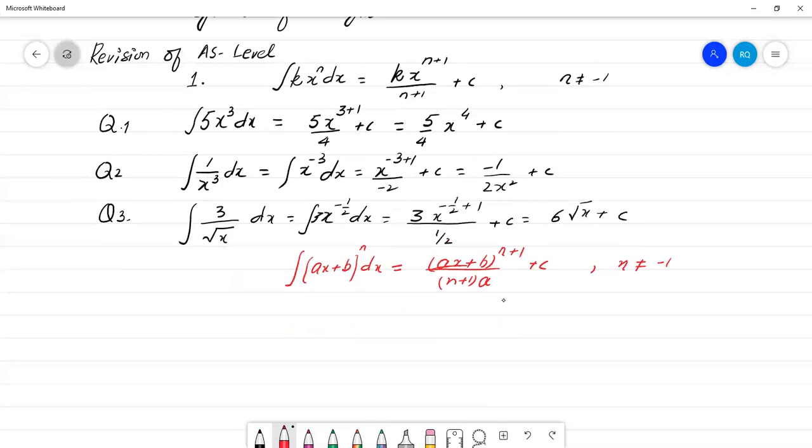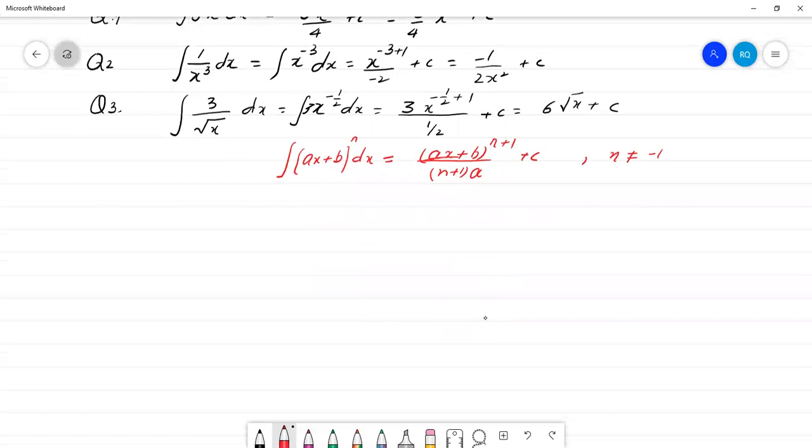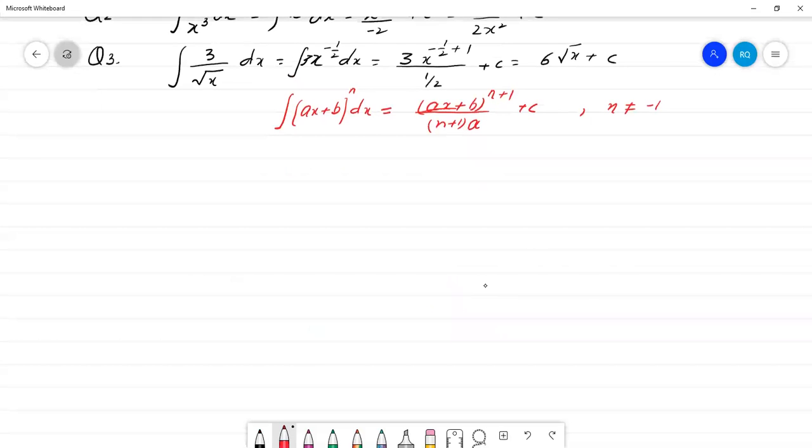So over here, I have this one. Question number three, I just want to confirm. Question number three is, sorry, question number four is, if I have to solve this one, 1 plus 4x raised to power 6 into dx.